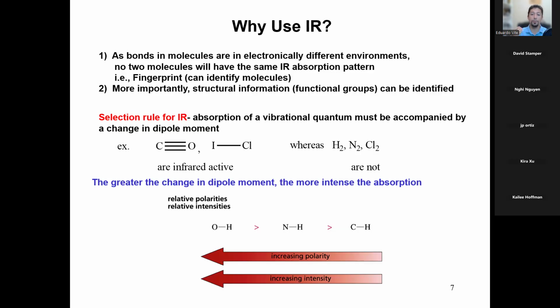But not only does it have to be polar, it also has to be asymmetrical. Because if you have a polar bond, but the whole molecule is symmetrical, they cancel each other out, right? The bonds are symmetrical, they'll cancel each other out. You're not going to see it in IR, even though the bond is polar. So it has to be polar and it has to be asymmetrical. There has to be no symmetry. Only then can you actually see it in the IR spectra. Does that make sense?